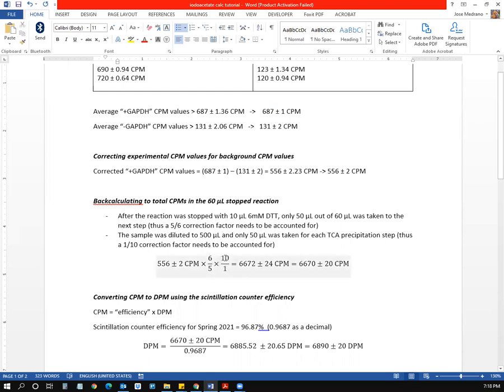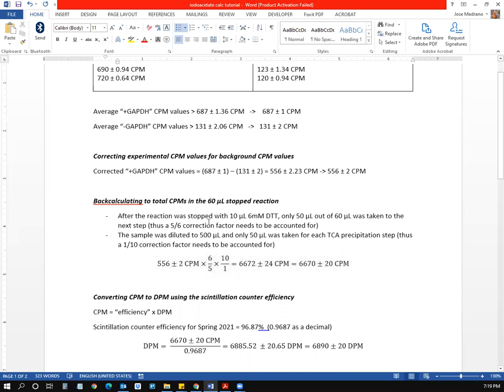And then I'm also going to multiply by 10/1 to undo this 1/10 sample that was applied to the TCA precipitation procedure. When I do that, my CPM values increase significantly. They go from 556 plus or minus 2 CPMs all the way to what will then be rounded down to 6,670 plus or minus 20 CPMs.